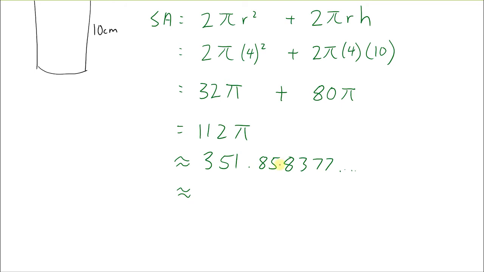We want to cut it off right here. So we're going to take a peek at this number here to determine if we need to round up or not. That number is an 8, which is greater than or equal to 5. So we are going to round this up to 351.86 square centimeters.